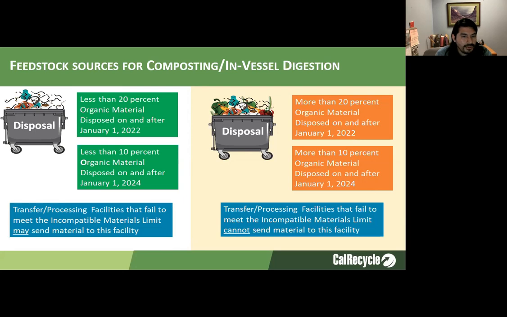So if a transfer processor facility fails to meet their cleanliness standard, the incompatible material limit, then they could send it to this facility, no problem, because they can recover those organics.